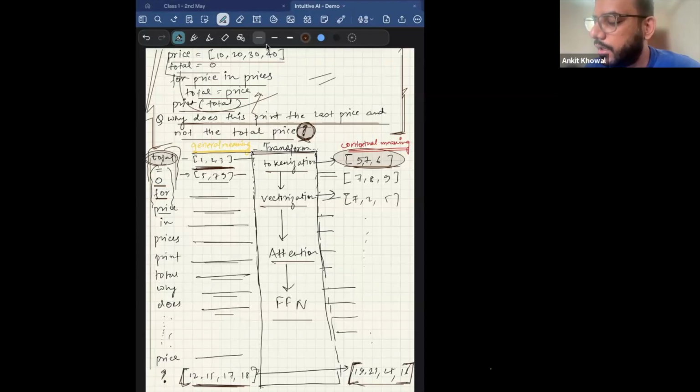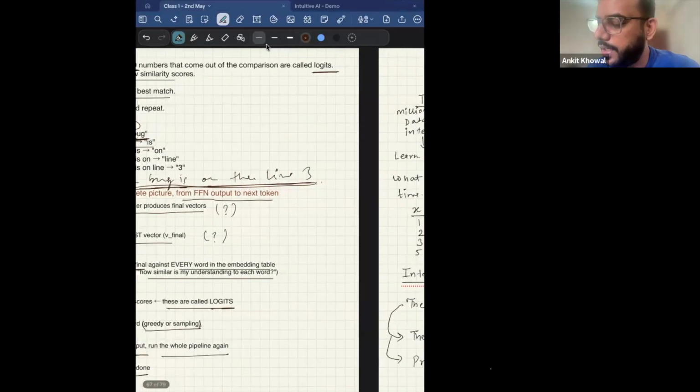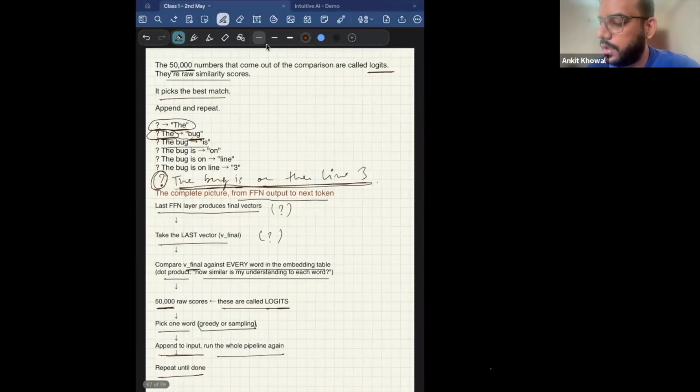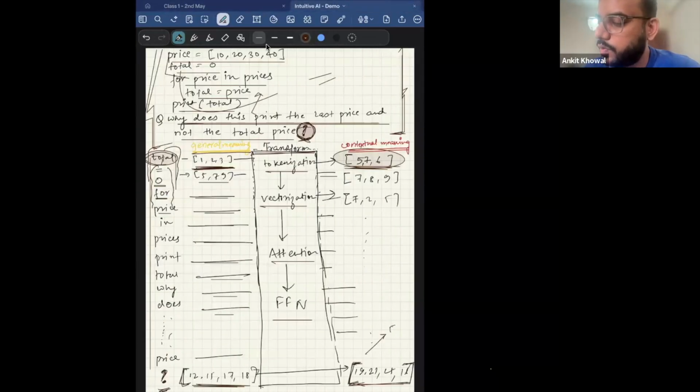And then all the vectors got modified. It had contextual information. The final vector of question mark had all the context of the bug, the code, and whatever the user asked. We multiplied it with the embeddings table and saw what is the nearest thing which should come after this. We took that, repeated, and this is how we will get the answer, right? This is how the end-to-end workflow works for an LLM.